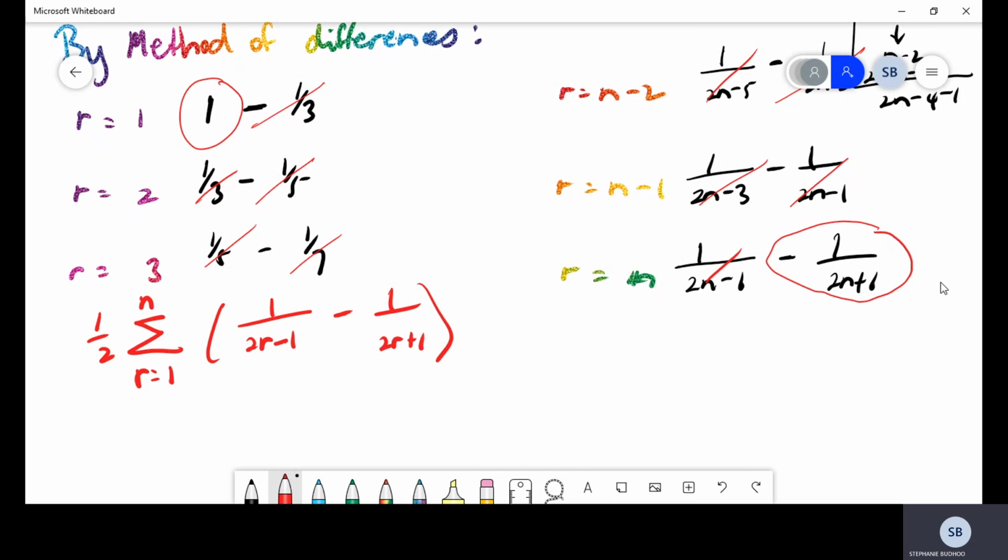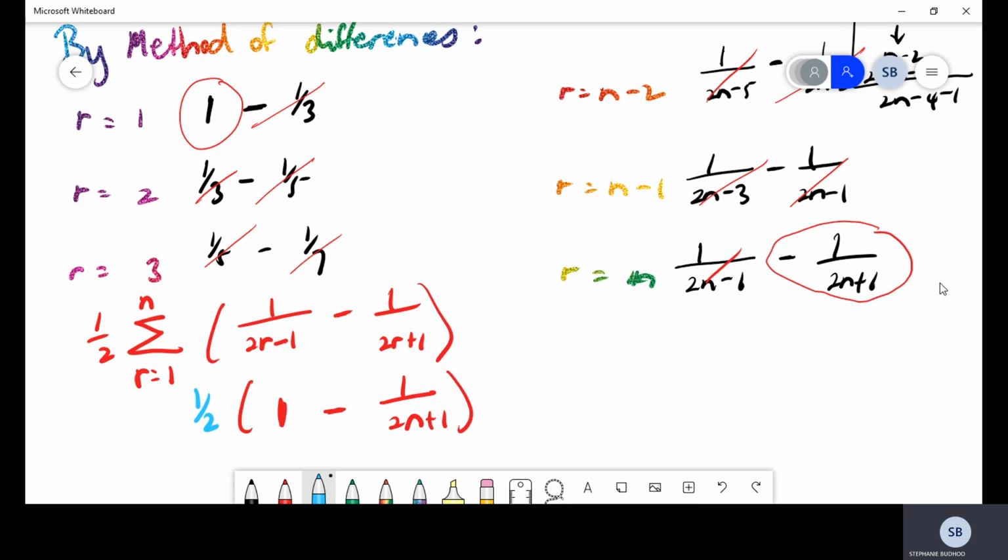And when we substituted values into here, we got 1. So this method of differences gave us 1 minus 1 over 2n plus 1. And of course, that's for what's contained within the brackets. Remember, we had a half outside, so we have to bring that half back in.